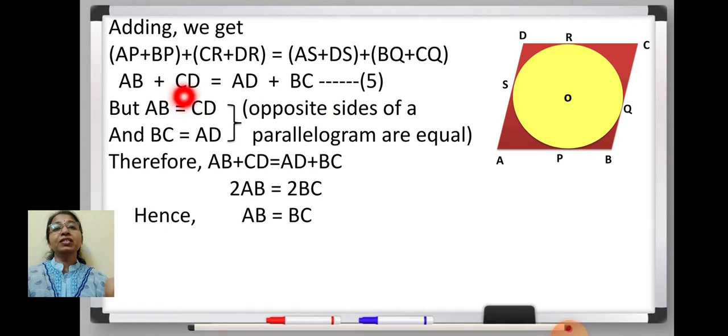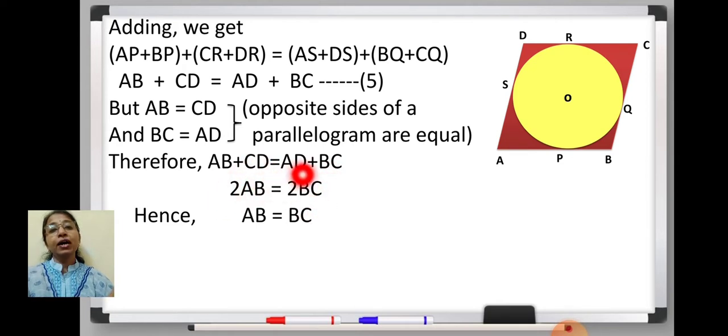you replace this CD by AB and you replace this AD by BC, right? So replace that. AB, replace CD by AB, so AB plus AB, twice AB, and we replace this AD by BC, so BC plus BC is twice BC.